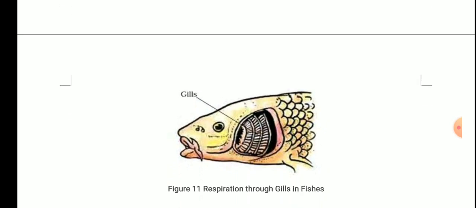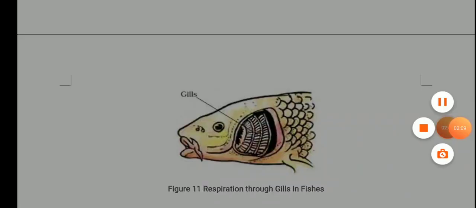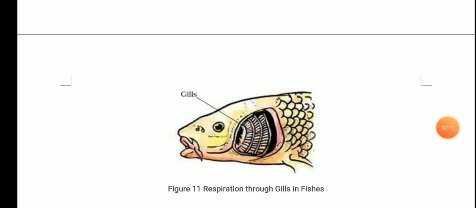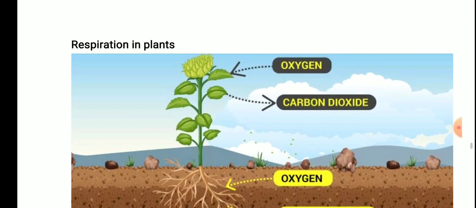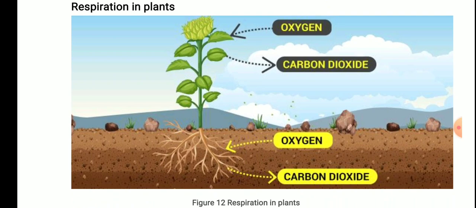So in today's video, students, we will start respiration in plants. Now this diagram depicts the exchange of gases in plants, at two places.